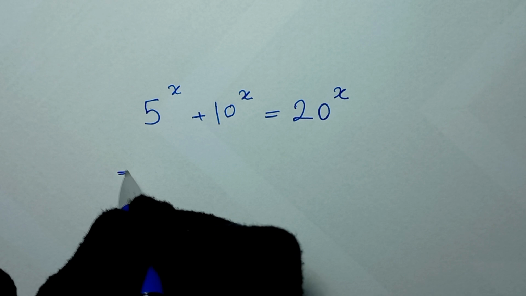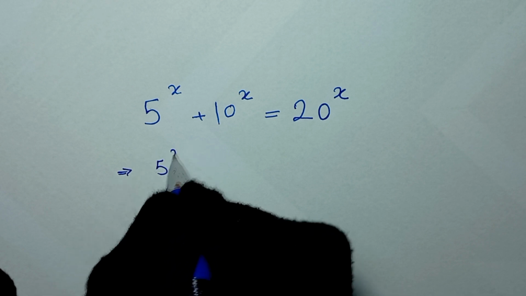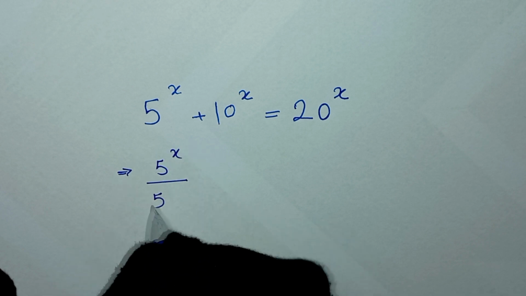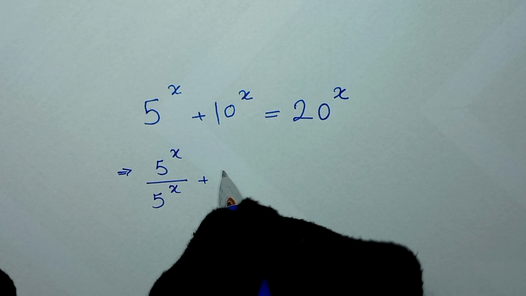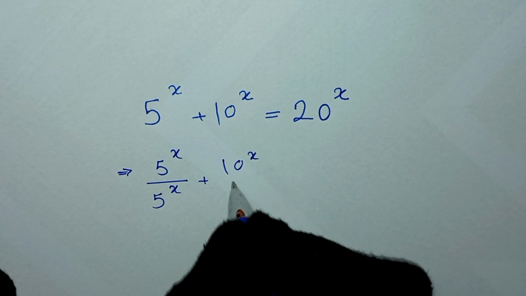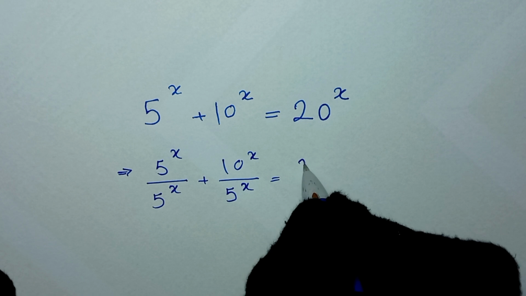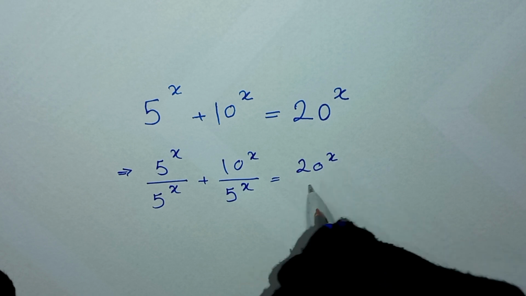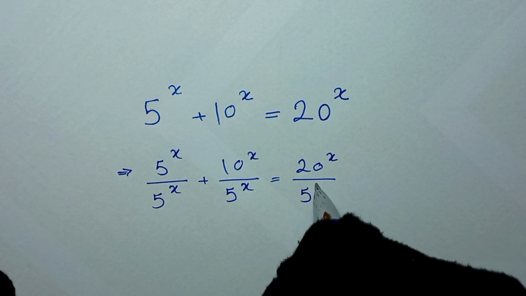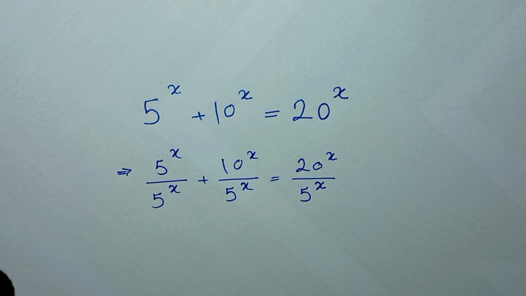So it will be 5 to the power of x over 5 to the power of x plus 10 to the power of x over 5 to the power of x is equal to 20 to the power of x over 5 to the power of x.